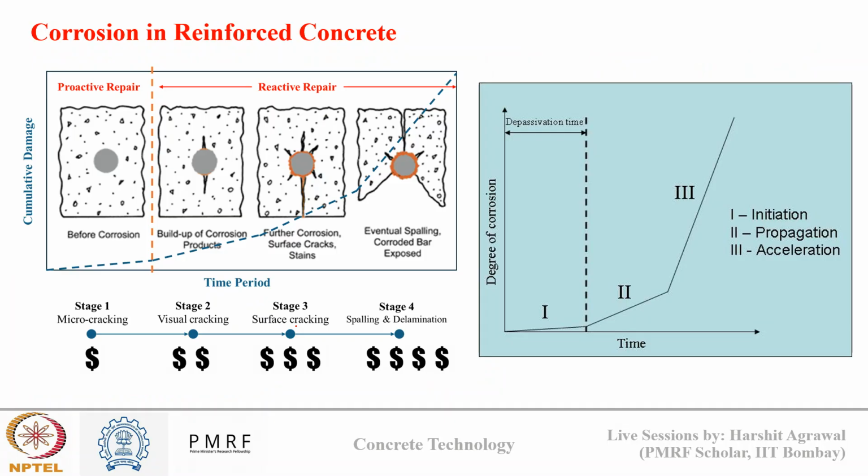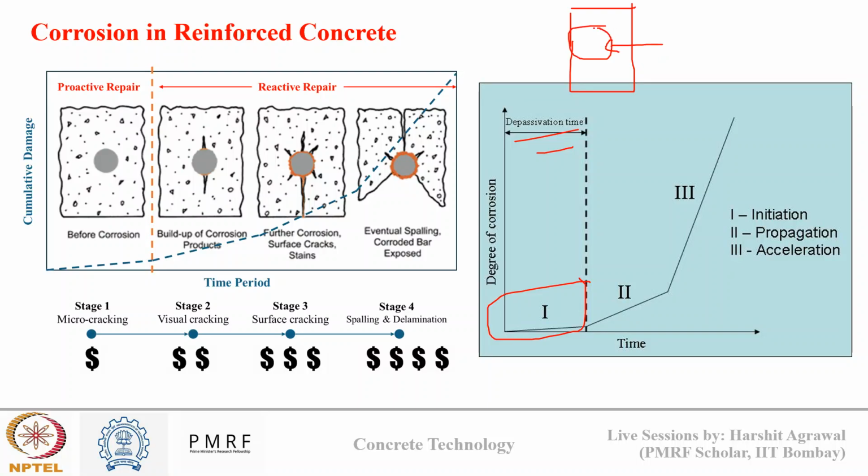And when we look at this damage on a time scale, initially until corrosion starts, which is dependent upon the concrete, how slowly it will make those aggressive ions move through concrete, that is stage 1. So here you can see stage 1. This stage is the depassivation time. I have a concrete cover over the reinforcement, and my ions are moving through concrete.